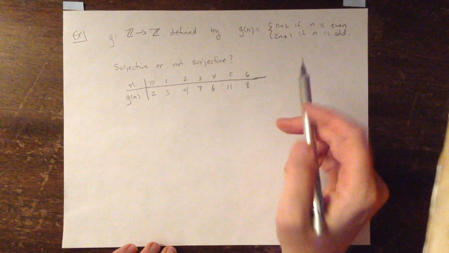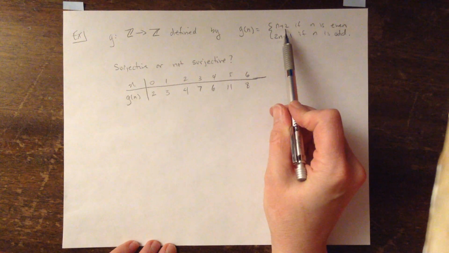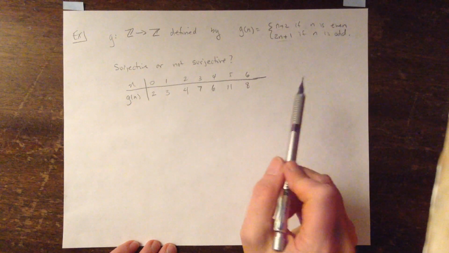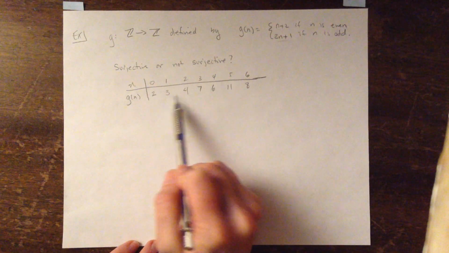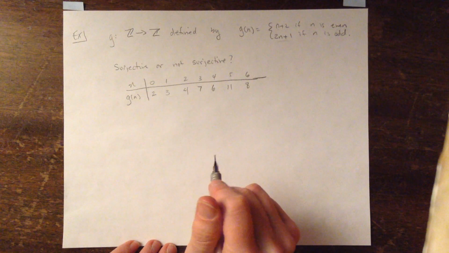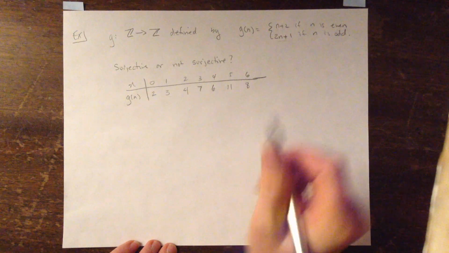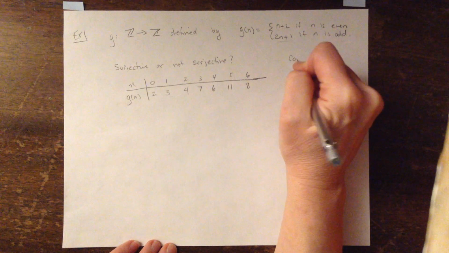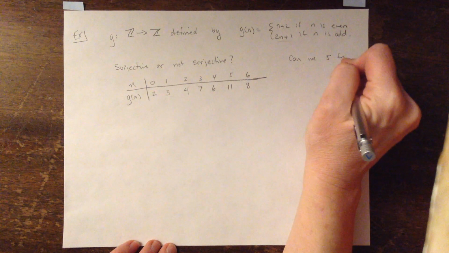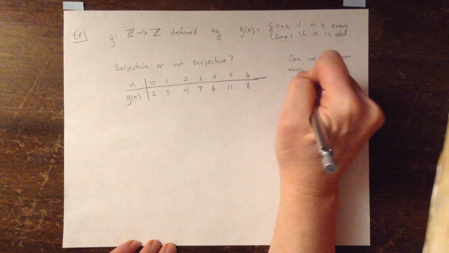So if you look at this rule, this is going to give you even values out. This is going to give you odd values out, but it looks like we've missed 5 here. So it looks to me like this function is not surjective, and that there's no way to get 5 out. So my question is, can we get 5 from this function?